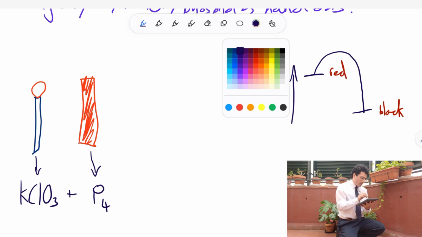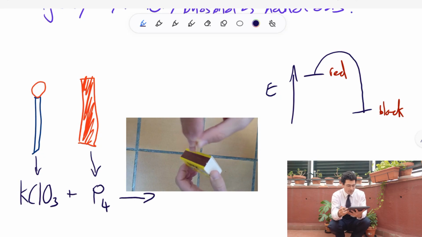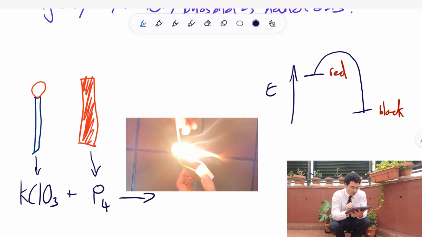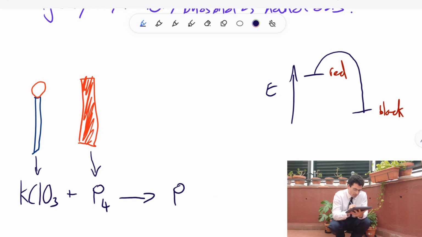Now, if we go back to our matchsticks, we see that this reaction will lead, of course, to the fire and the flame which we're used to seeing, but the actual chemical reaction which takes place is that this will turn into tetraphosphorus decaoxide and potassium chloride.